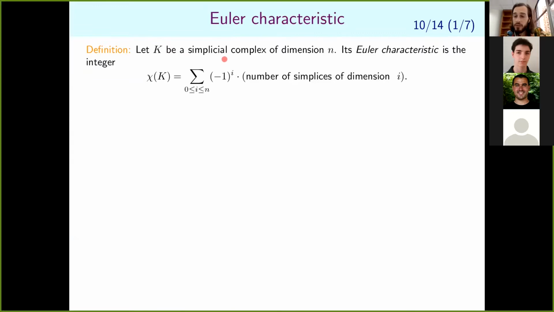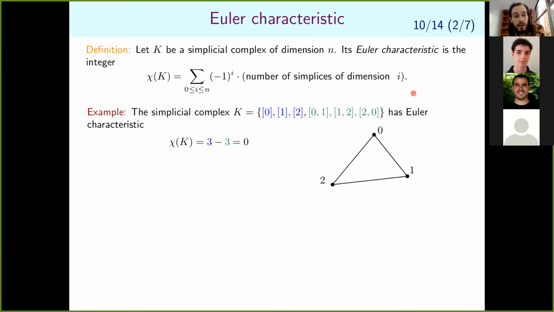Take a simplicial complex K of dimension n and define this quantity, chi of K. This is the alternating sum of the number of simplices of dimension i, where i goes from 0 to the dimension of your simplicial complex. This quantity is called the Euler characteristic of your simplicial complex.